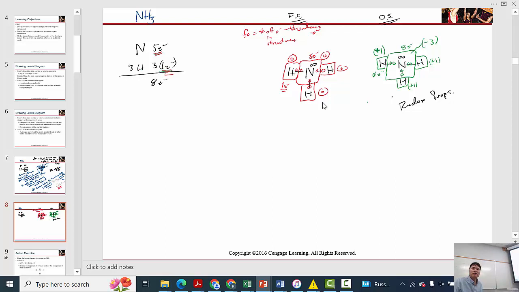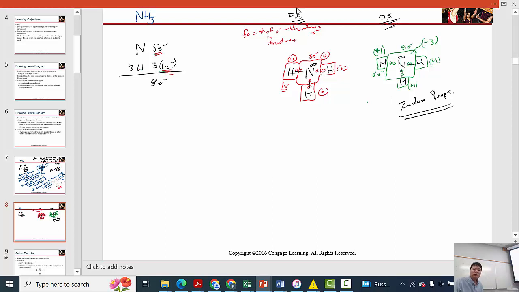So for oxidation states, we use these primarily for redox properties, and we compare redox properties between different substances. Over here for formal charges, we use these for Lewis structures and acid-base behavior.